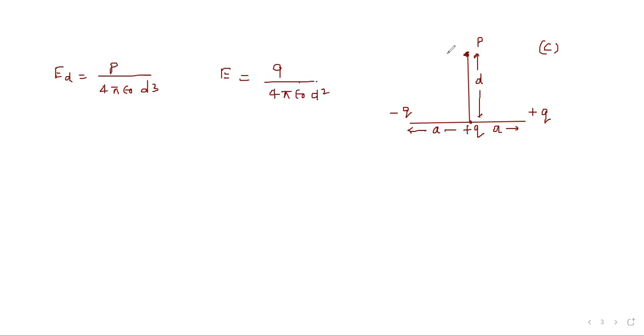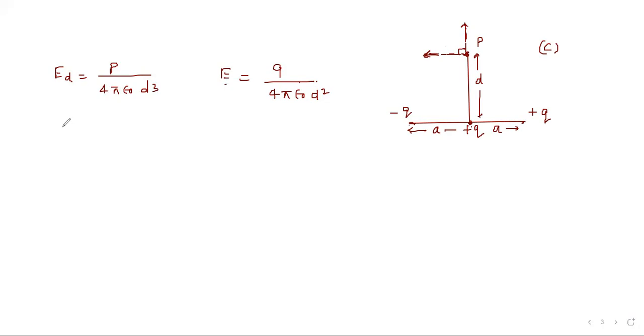Now here, the direction of the electric field due to these two charges, the net dipole, will be in this direction, and the direction of the electric field due to this charge is in this direction. So this angle is 90 degrees, so we have to find the resultant of the two.